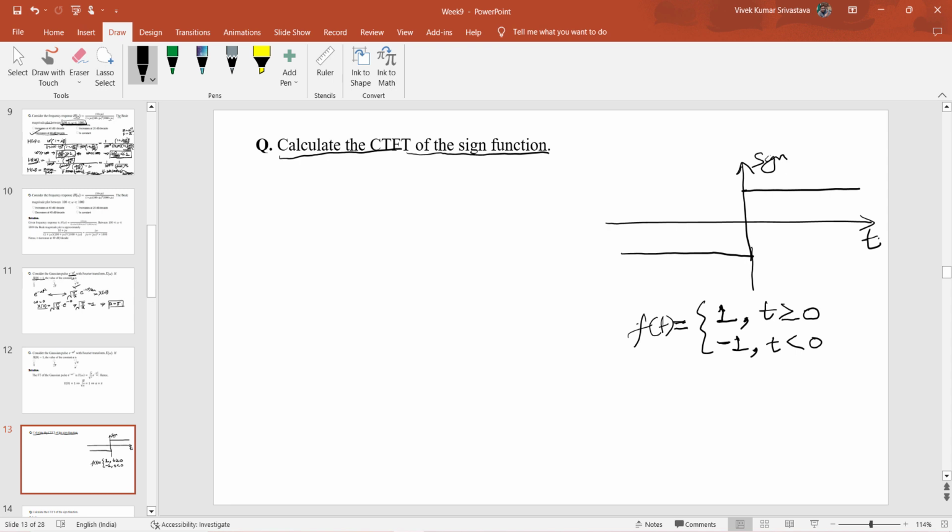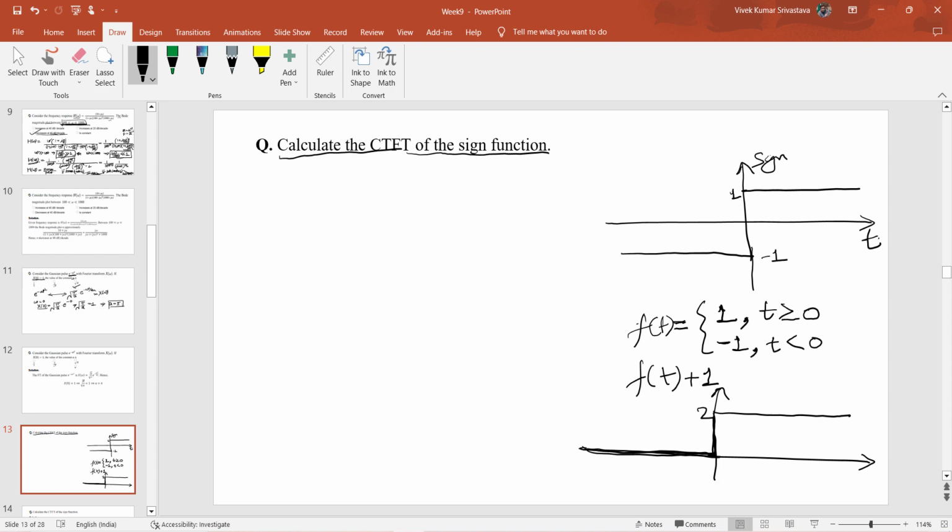So now, suppose we add a factor of 1 with this f of t. We can plot it as: for t less than 0 the value will be equal to 0, whereas for t greater than or equal to 0 the value will be equal to 2.